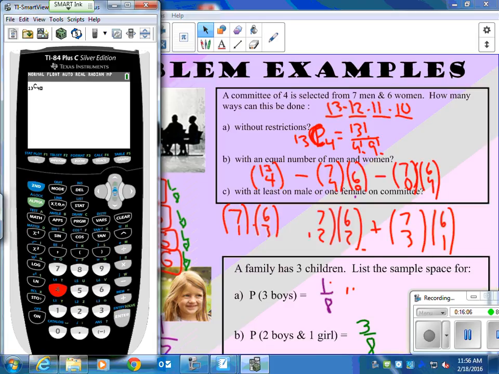And that's that familiar notation that we looked at. 715. Now what's 6 choose 0 going to be? 6 factorial over 6 factorial over 0 factorial is going to be 1, isn't it? So it's going to essentially be 7 choose 4.